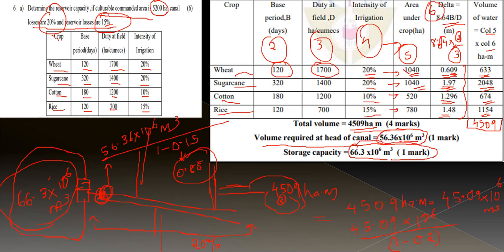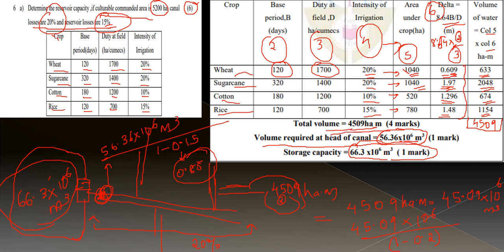Now, look here. This problem is a previous year university question. It has come up in, I think, 2 years before. In 2019, the university exam of 2019, I think. Anyway, 19 or 18 anyway. This question had 6 marks, and you can see the mark distribution.